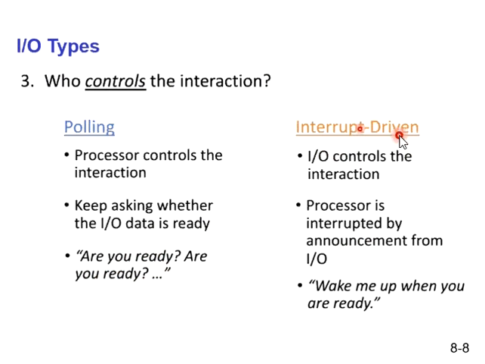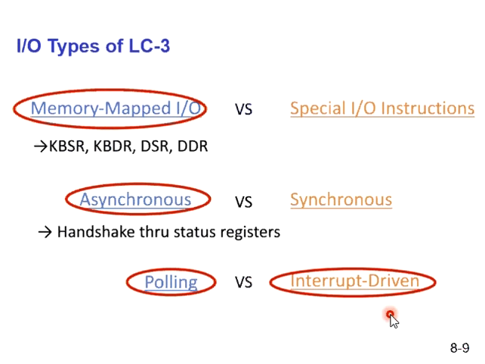But when we use interrupt-driven, the I/O controls the interaction, and the processor is interrupted by an announcement from the I/O. At that time, you can answer, now wake me up when you are ready. Generally, we have 6 mechanisms, but with the LC3 we don't have all, so we have only 4: memory map I/O, asynchronous, polling, and interrupt-driven for programming.